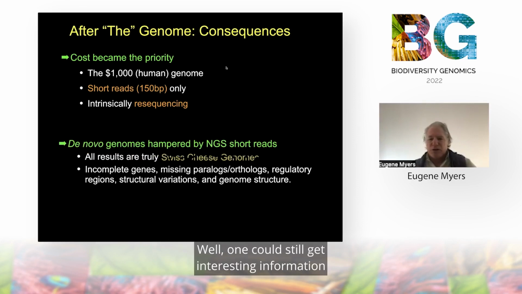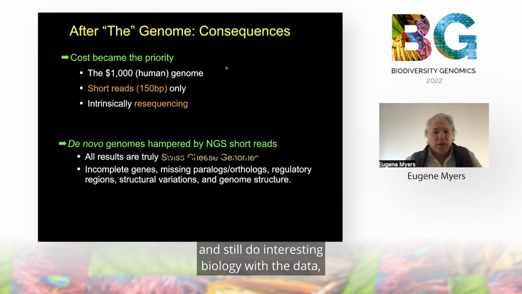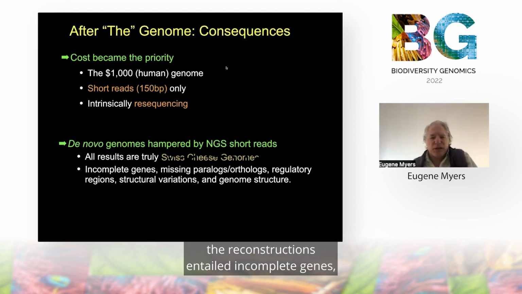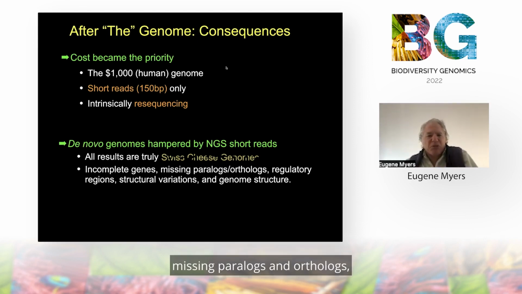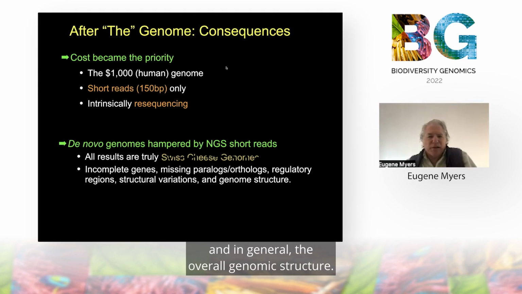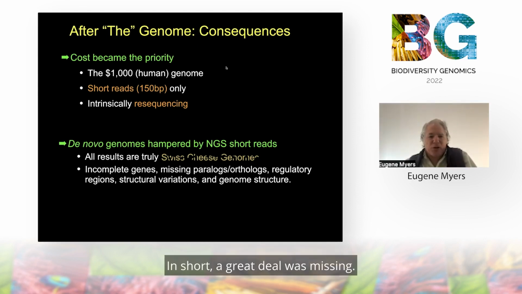While one could still get interesting information and still do interesting biology with the data, the reconstructions entailed incomplete genes, missing paralogs and orthologs, entire regulatory regions were missing. You couldn't see the structural variants, and in general, the overall genomic structure. In short, a great deal was missing.